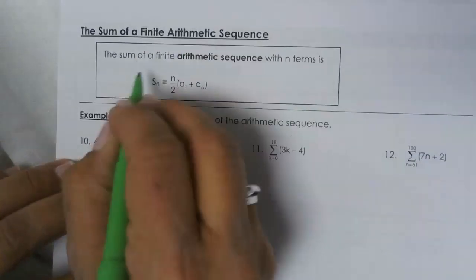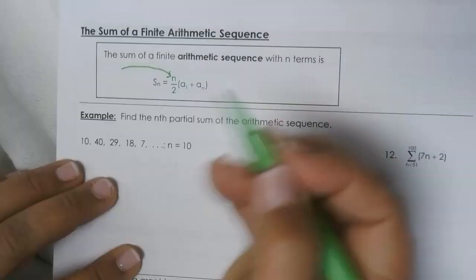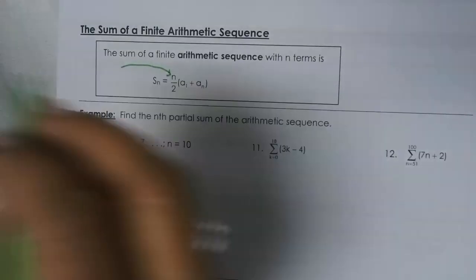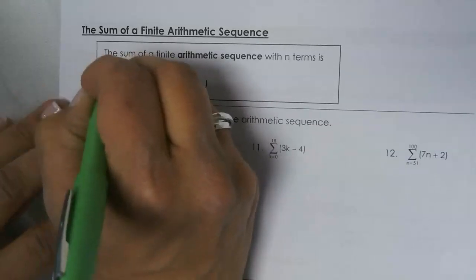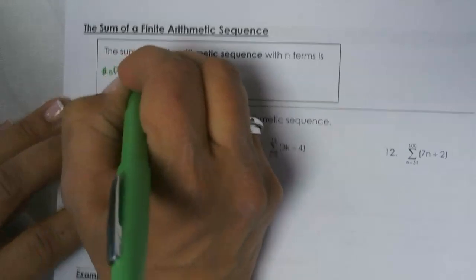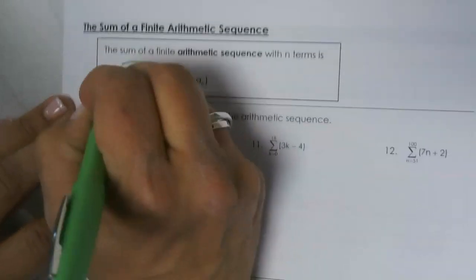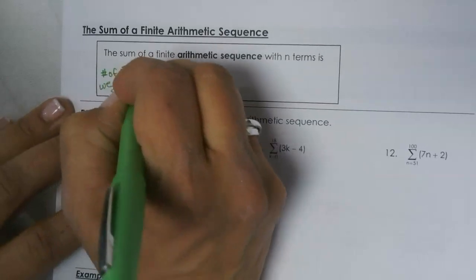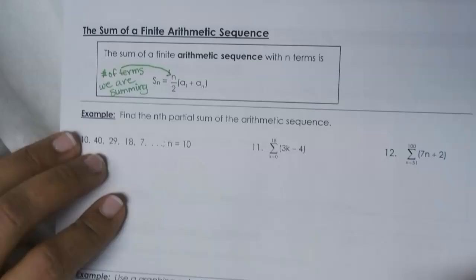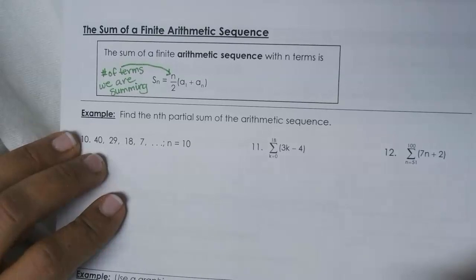So let me tell you what I like to think about these as. The n, I'm going to think about as the number of terms that we are summing or adding together. How many terms are we putting together? Okay.